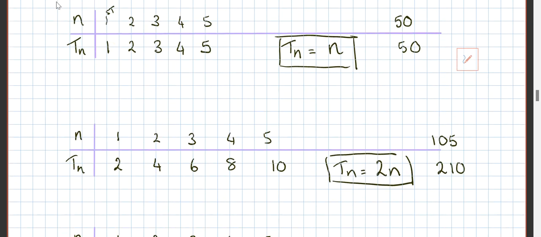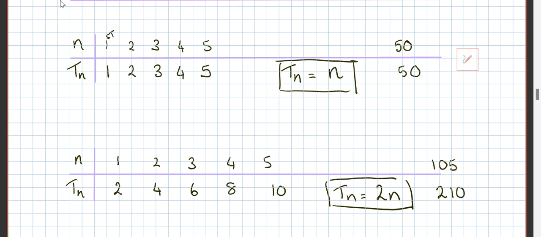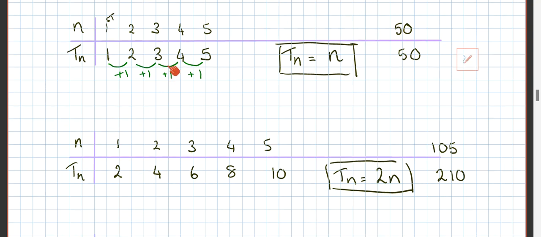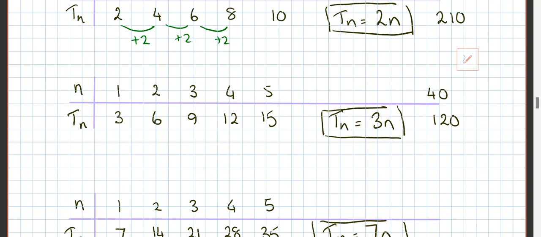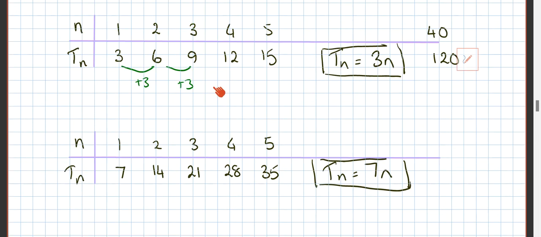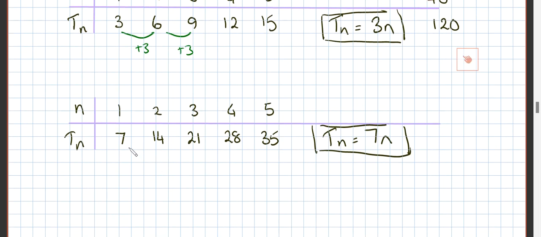Well, the 1 times table that you were laughing at, the common difference is +1 every time. If you do the 2 times table, you are going up 2 every time, so the common difference is 2. The 3 times table, the common difference is 3. And the 7 times table, the common difference is 7.